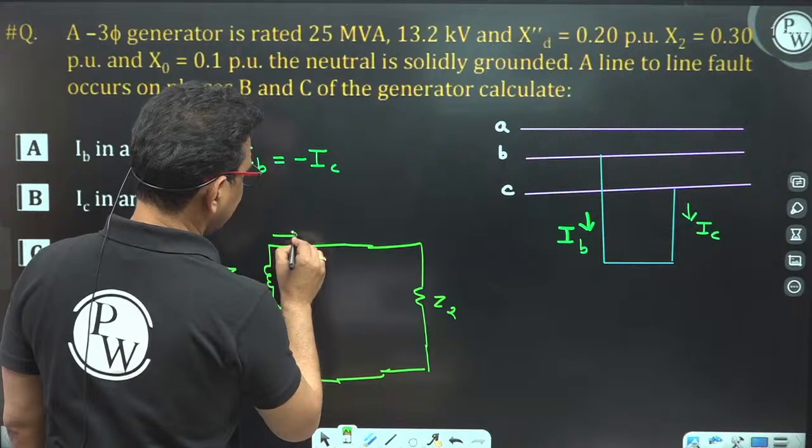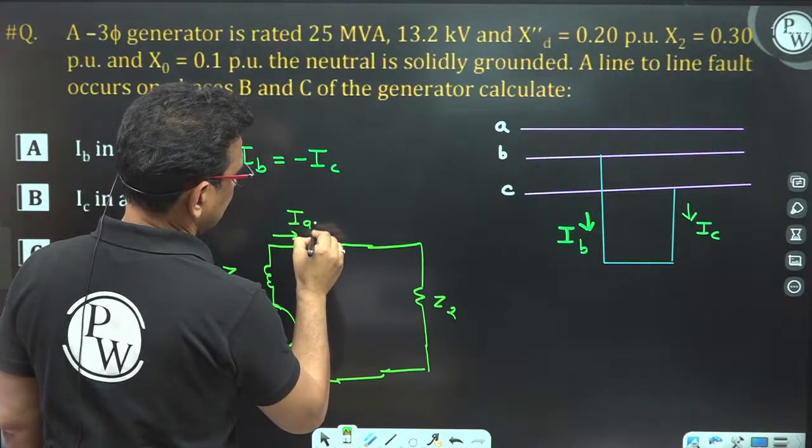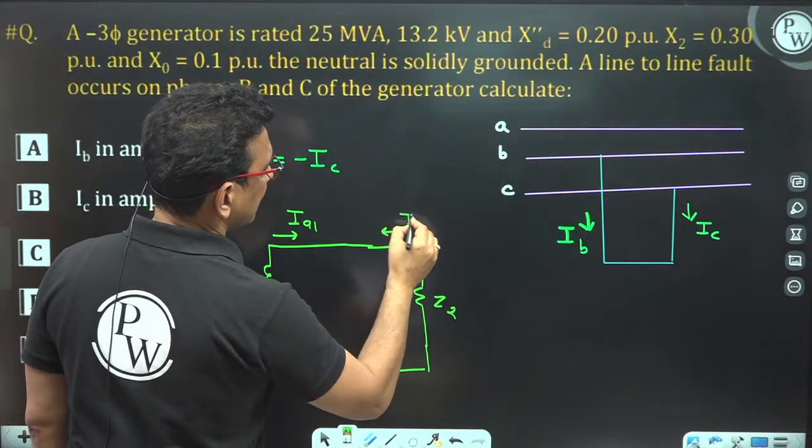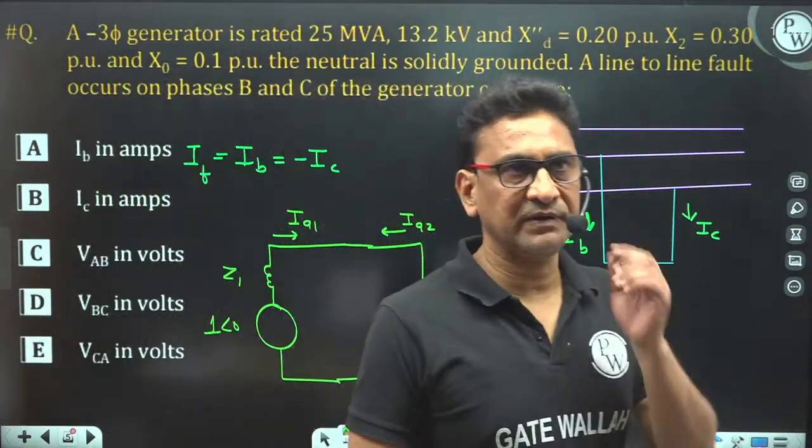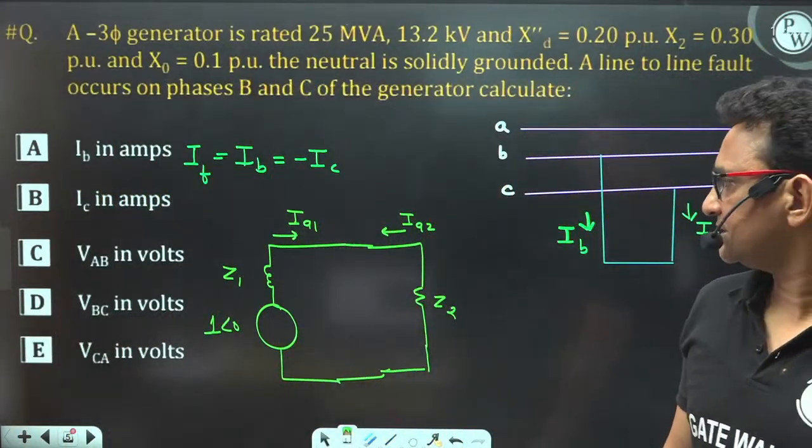So this is my IA1, and opposite of this is the IA2. No zero sequence current flows when a line to line fault occurs in the power system.